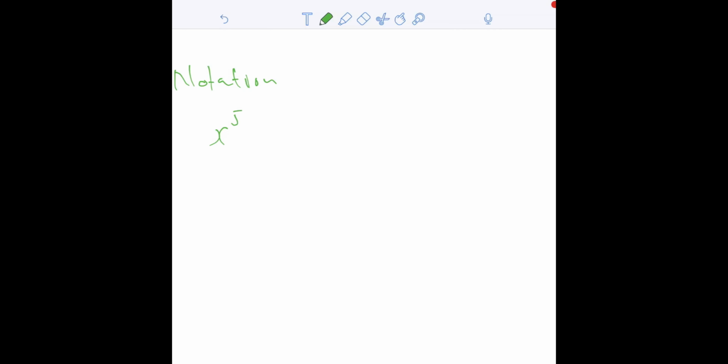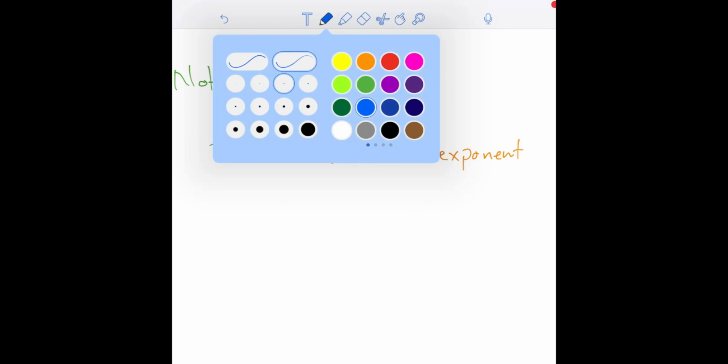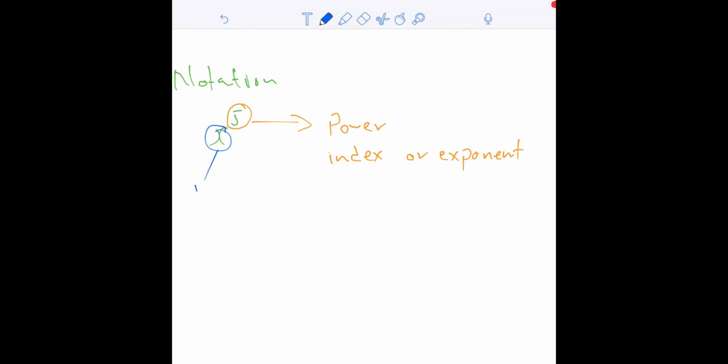Now this power, we call it power. We also call it index and or exponent. And over here, this is called base.